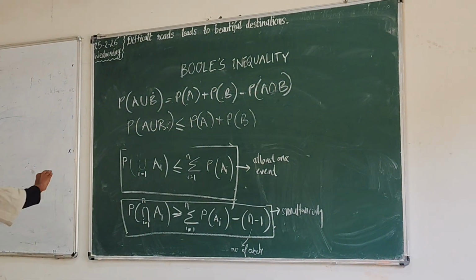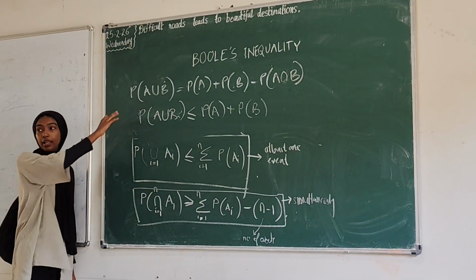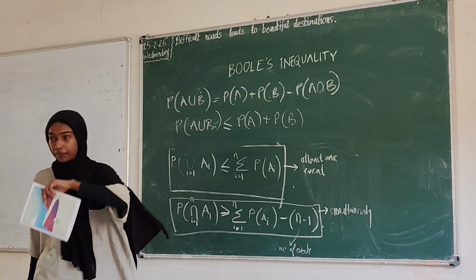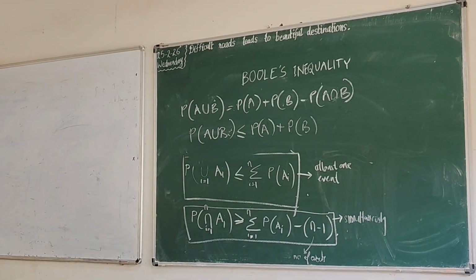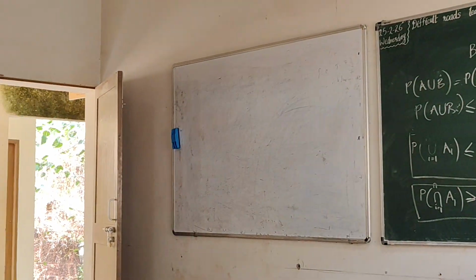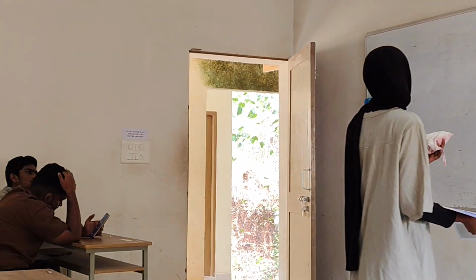This inequality is derived from the addition theorem of probability. Now we are moving to a problem, through which we will explain more how both inequalities work.